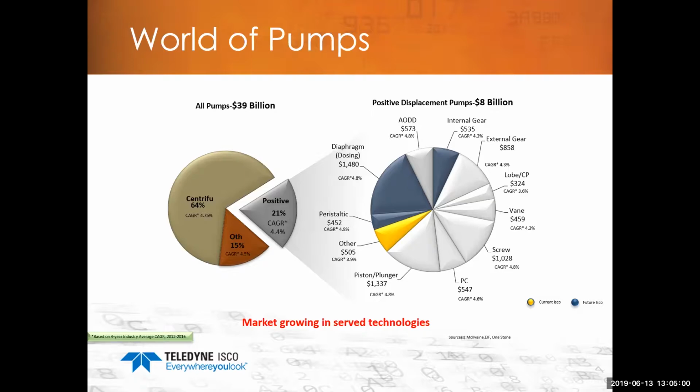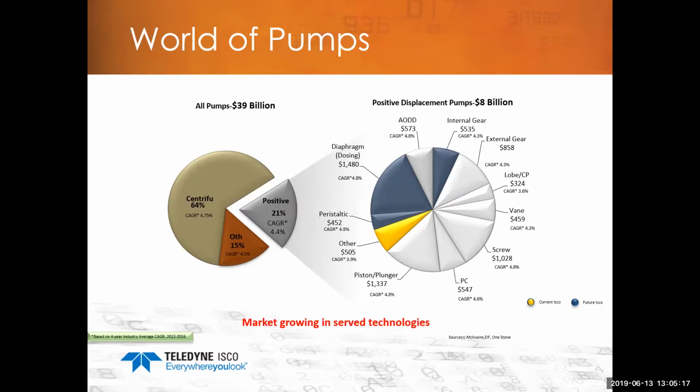Within that space, centrifugal pumps make up about 64% of the world, whereas positive displacement is by far only about a third of that, at 21%. And then there's a mixture of other types of pumps that are hard to classify.